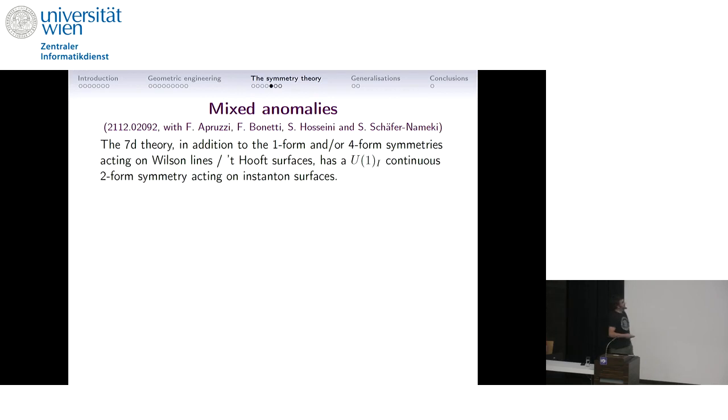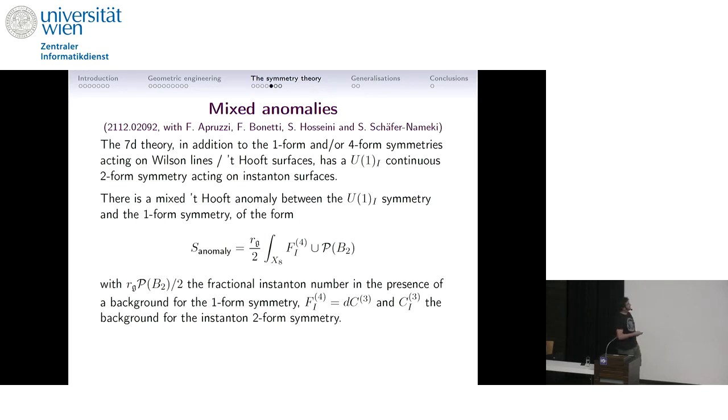Okay, you also have mixed anomalies. So in 7 dimensions, in addition to the 1-form and 4-form symmetries that act on Wilson lines and surfaces, you have a 2-form symmetry, the instanton symmetry. And this is a mixed anomaly between the U(1) instanton symmetry and the 1-form symmetry of this form. So let me try to explain what's going on here. C3 here is the background for the instanton symmetry. You take the derivative, you get the field strength, so it appears here.